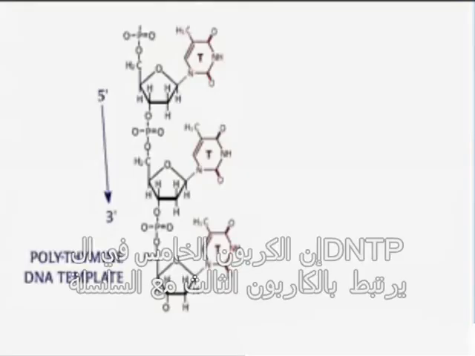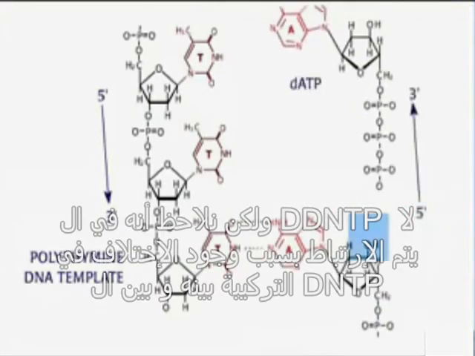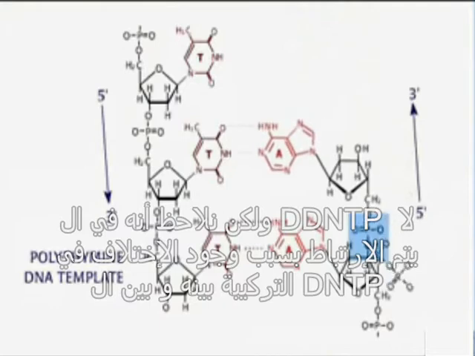The fifth carbon of an incoming dNTP is joined to the third carbon at the end of the chain. But when the ddNTP combines, the replication will be halted.